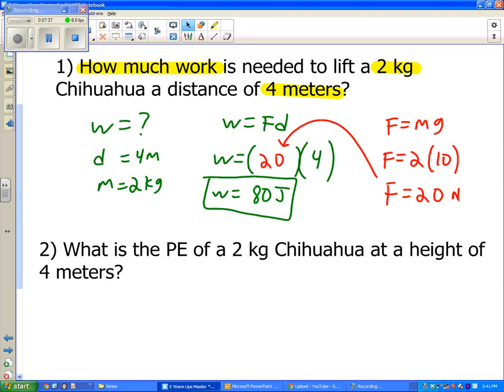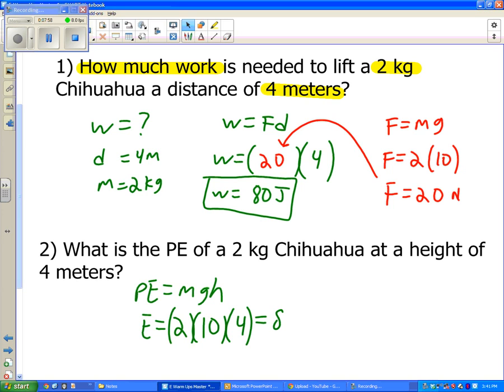What's the potential energy here? Well, potential energy is equal to mgh. So it's equal to the mass times the gravity times the height. And I get 80 joules.